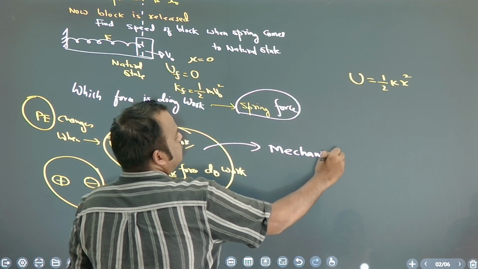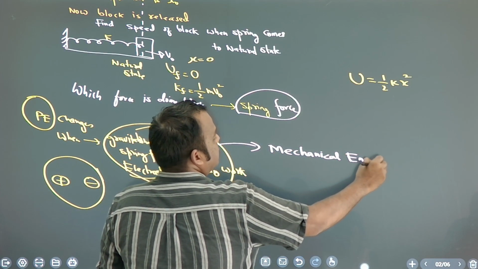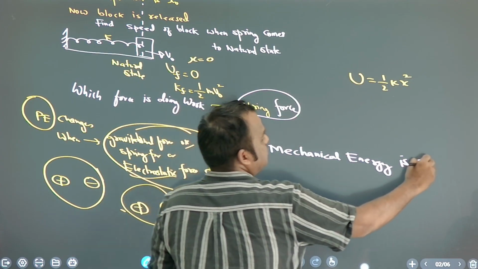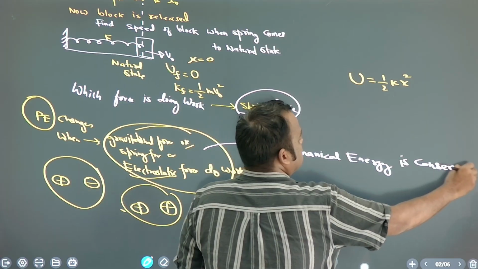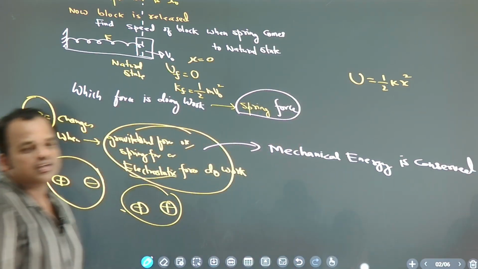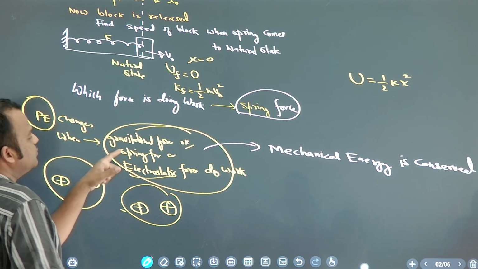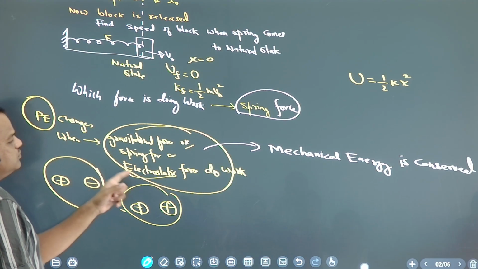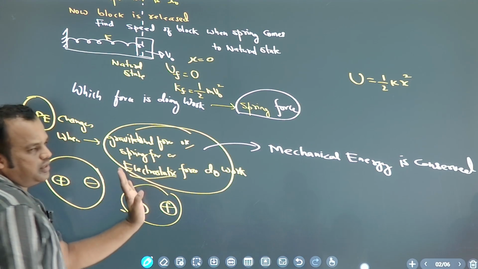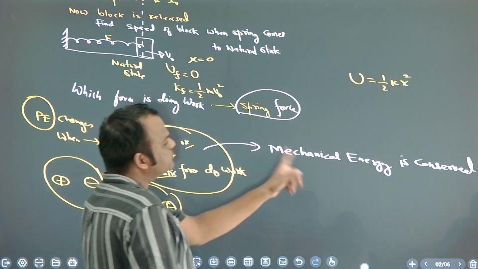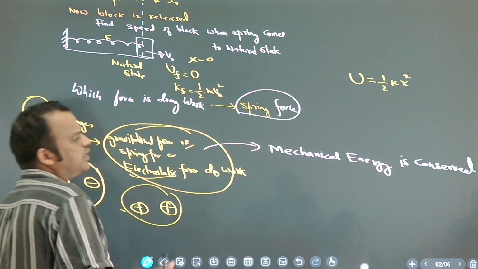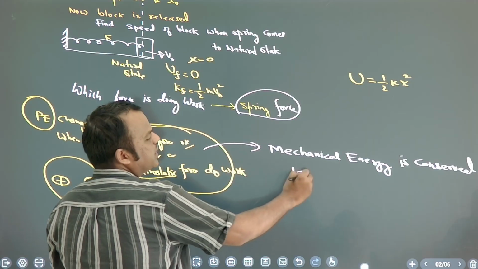Mechanical energy is conserved. Okay. So when gravity is doing work, or spring is doing work, or electrostatic force is doing work, in all these cases, mechanical energy is conserved. What is the formula for mechanical energy conservation? Tell me.